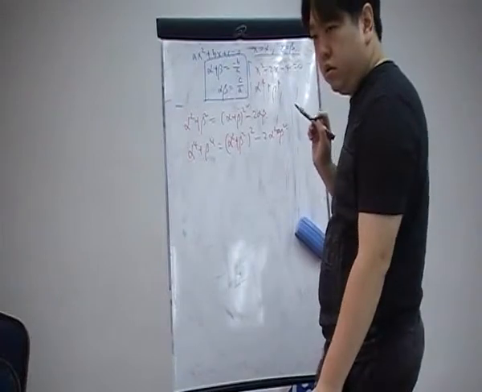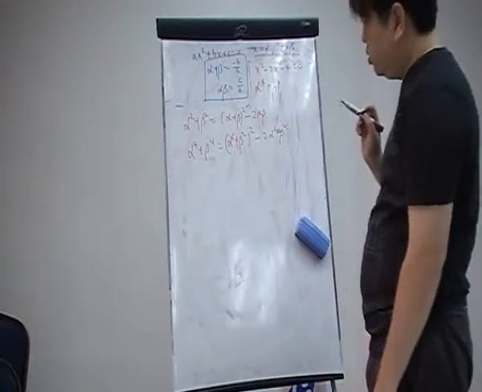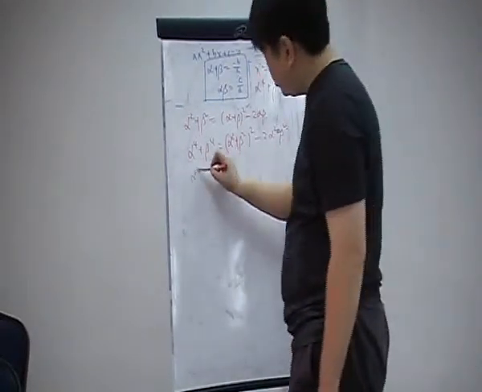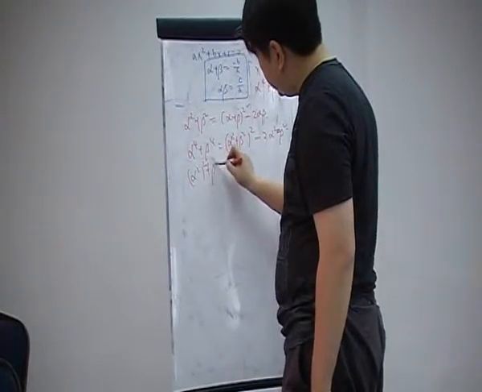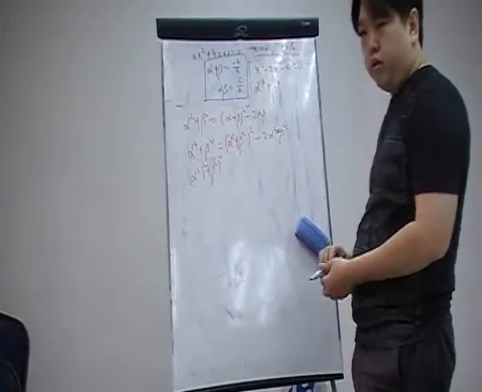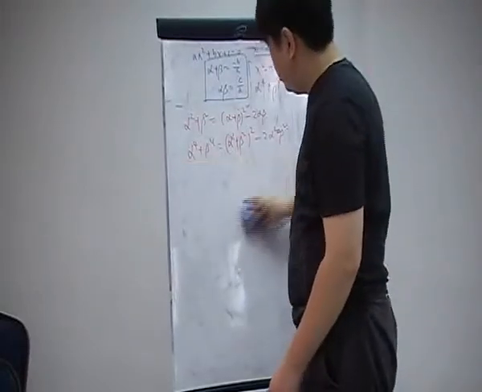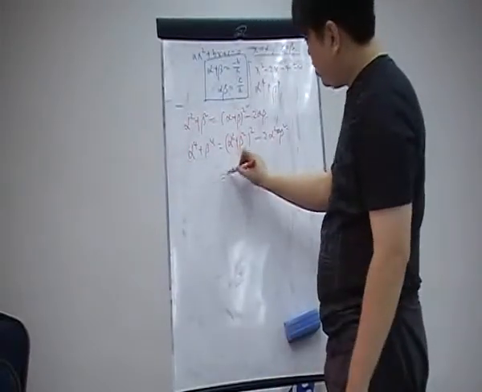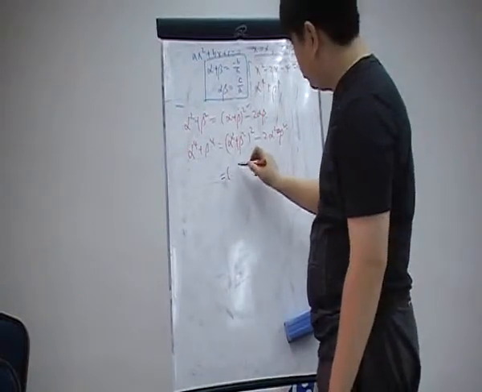Because now you treat this as alpha square square, beta square square. Then everything is alpha square, beta square already. So the first part of the answer is 12.